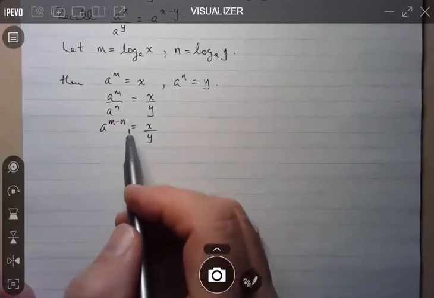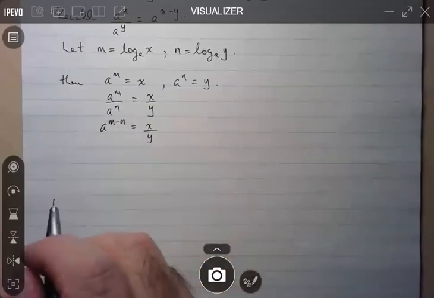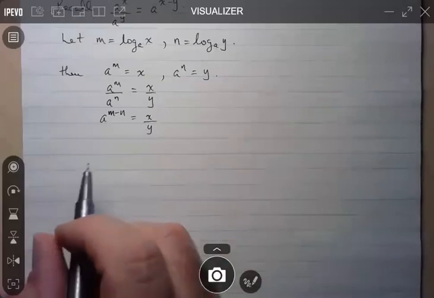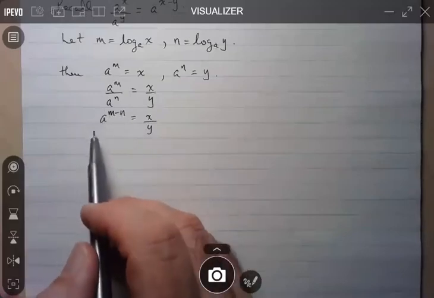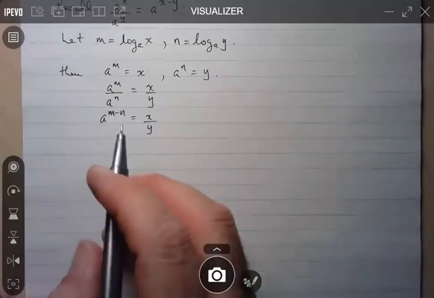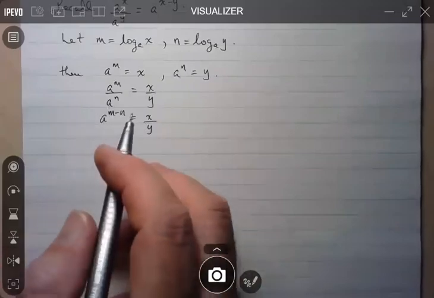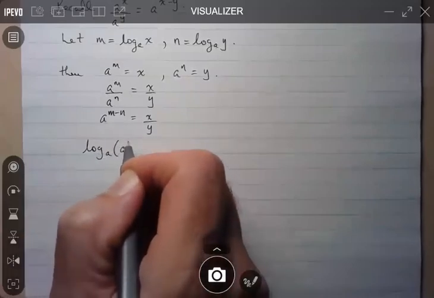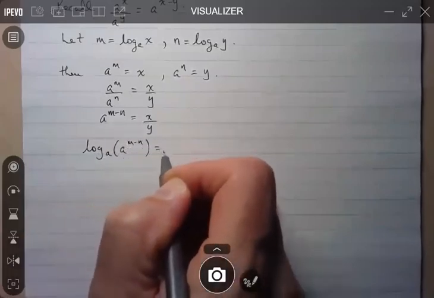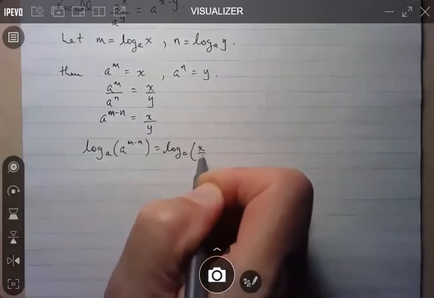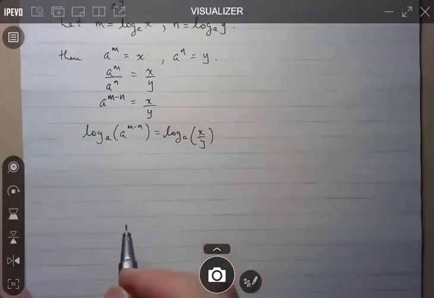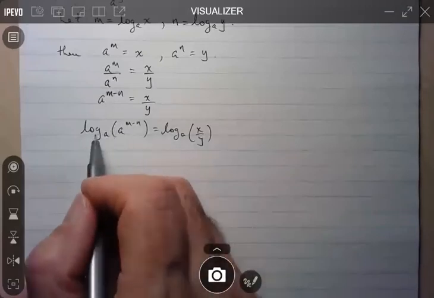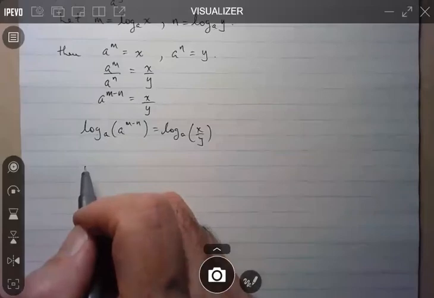Now we want to turn things back into logarithmic expressions. Here, I don't want to have this exponential expression anymore. So how do I get rid of an exponential expression? I use its inverse. So we took log base a of both sides. This accomplishes what we wanted to do. These are inverses, so they eliminate each other's effects.